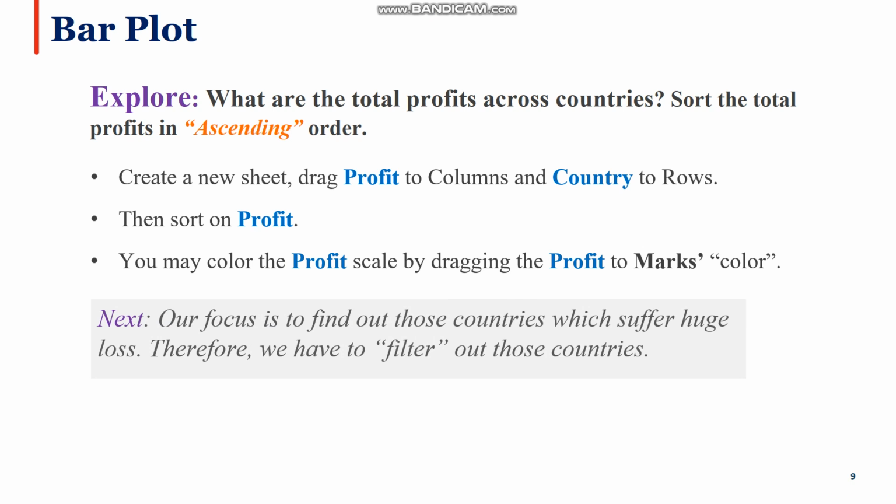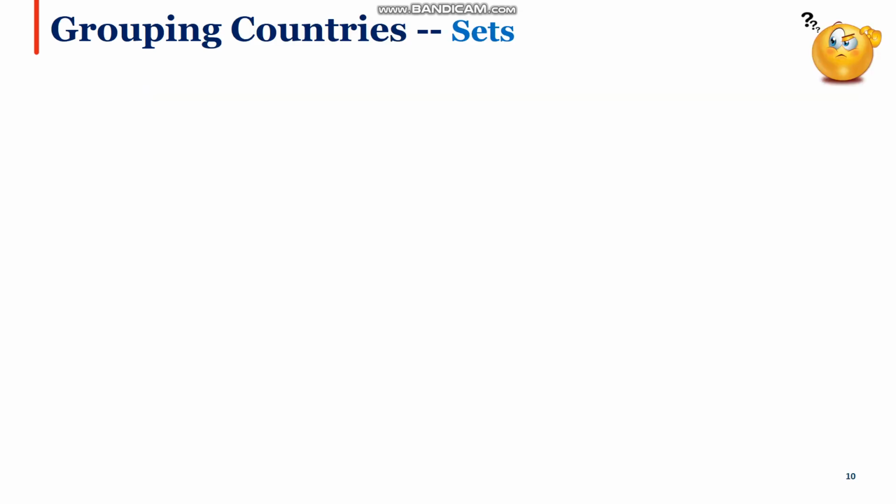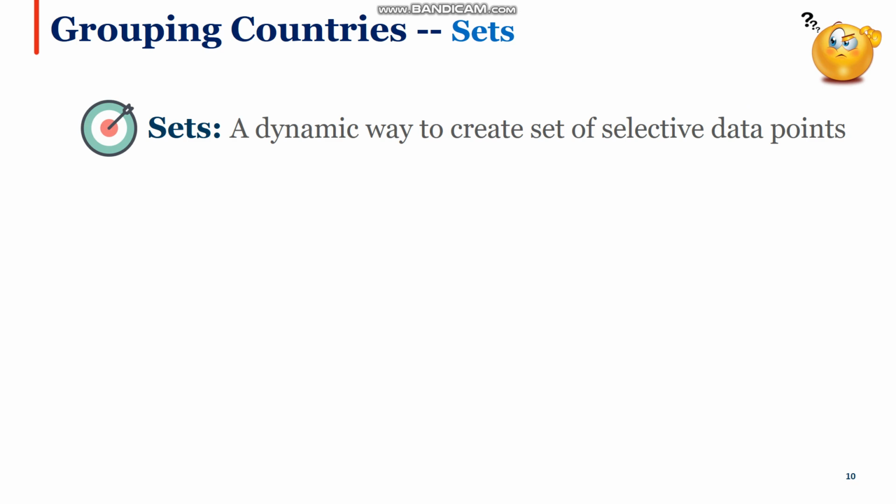Well, as our focus is to find out those countries which suffer a huge loss, we have to filter out those countries. Let's create a special set including only those countries. For set creation, there's a dynamic way to do that. You may set the condition.